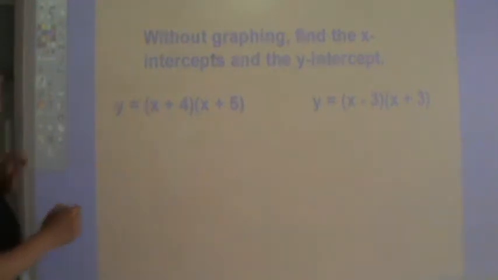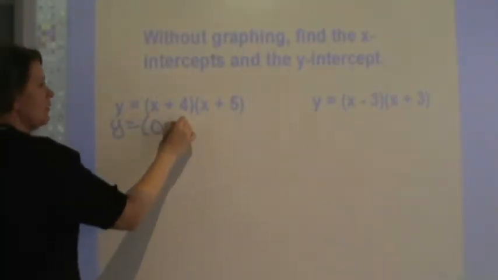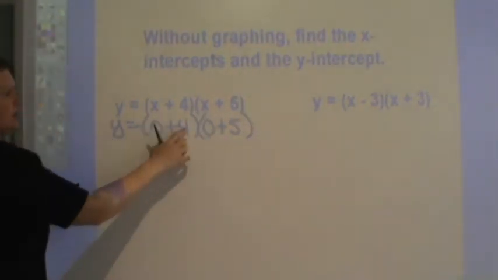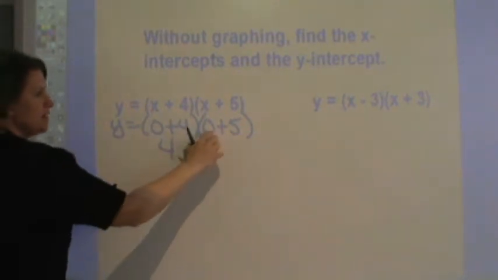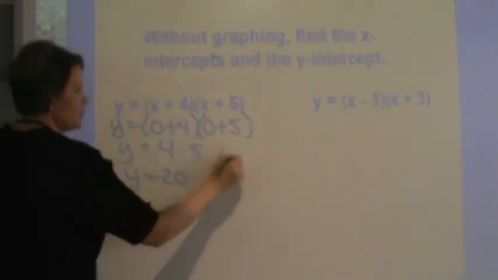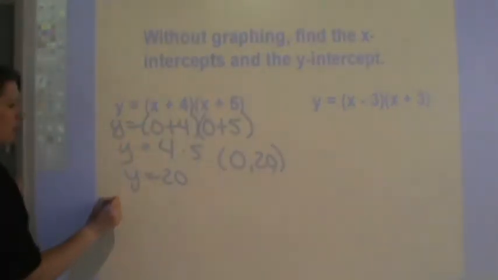All right, so let's try another one. So again, if we put 0 in for x, all right, this time I get 0 plus 4 is 4. 0 plus 5 is 5. So my y-intercept is 20. So it'd be 0, 20. And then I put 0 in for y.